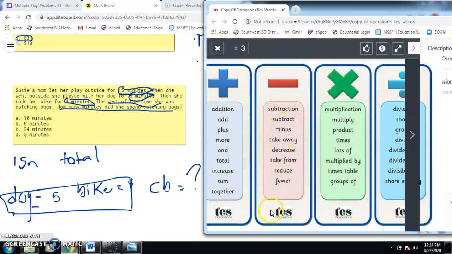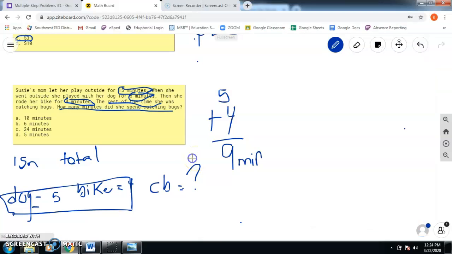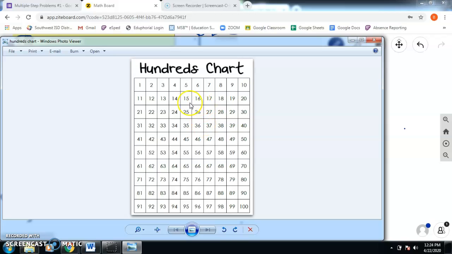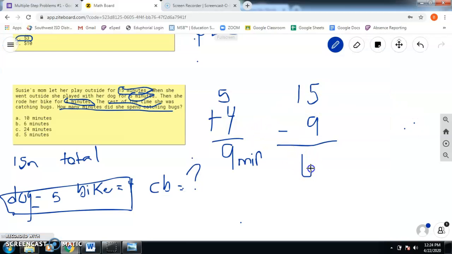Okay, so we're going to subtract these numbers to find out how many minutes she had left to play with bugs. Okay, so starting with 15, subtracting 9. And this should give us our minutes for catching bugs. So 15 minus 9, start at 15, going back 9, 1, 2, 3, 4, 5, 6, 7, 8, 9. 6. So she had 6 minutes to catch bugs.